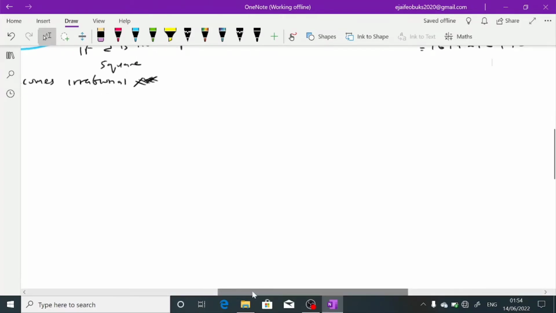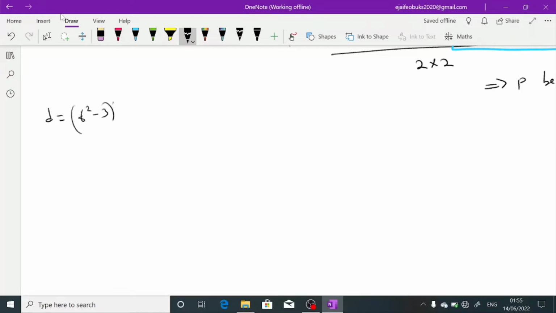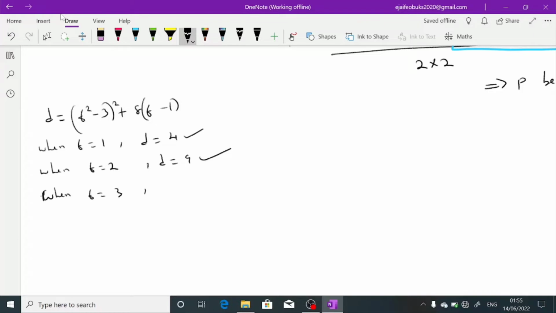Okay, we had d equals (t squared minus 3) all squared plus 8(t minus 1). When t equals 1, we had d equals 4, which worked. When t equals 2, we had d equals 9 also. But when t equals 3 and above, let's check, what did we have?